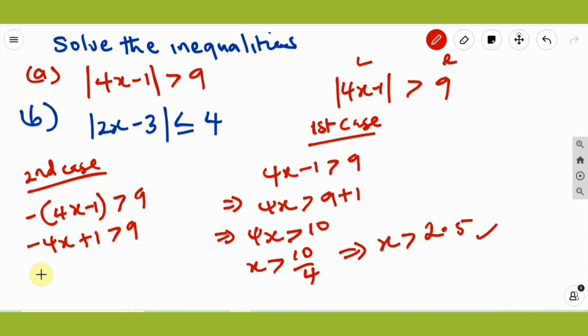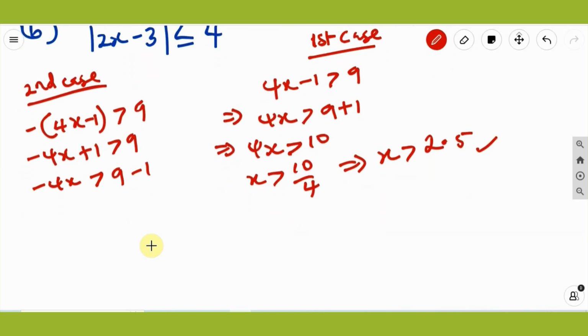Collecting like terms, I'm going to have minus 4x is greater than 9 plus, this is plus 1, is going to cross over this sign to become minus 1. So this is going to be minus 4x is greater than 9 minus 1, which is 8. So I'm going to divide across with a negative number, and this sign will change to less than.